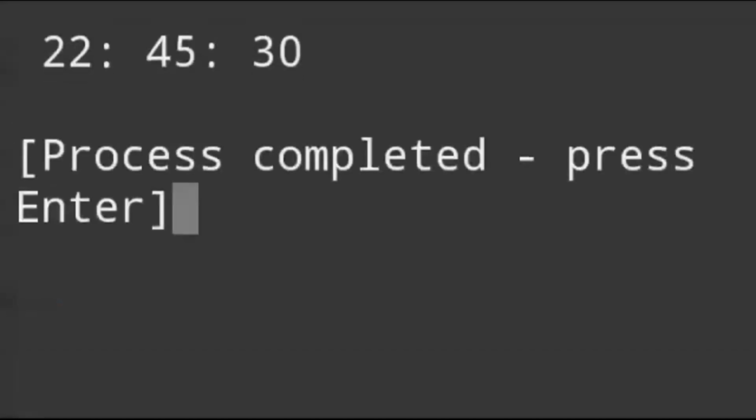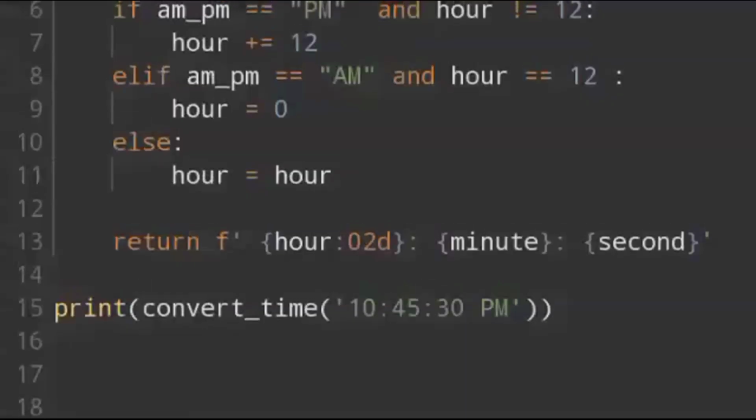And then after that we defined the hour as an integer. After that we did the if-else condition: when AM/PM is PM and hour is not equal to 12, you add 12 to the hour. Otherwise, if AM/PM is AM and hour equals exactly 12, then the hour will be 0, starting midnight from 0. And then else, if these two conditions are not met, then hour equals hour.